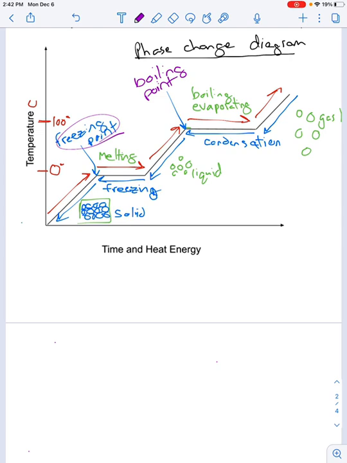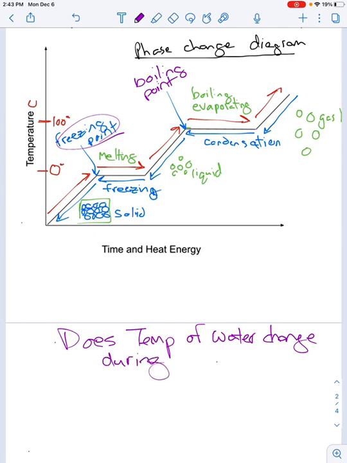All right, so what's actually happening? We have the question that we asked: does the temperature of water change during boiling? That was our original question. Well, we can make a claim now that we have some evidence.